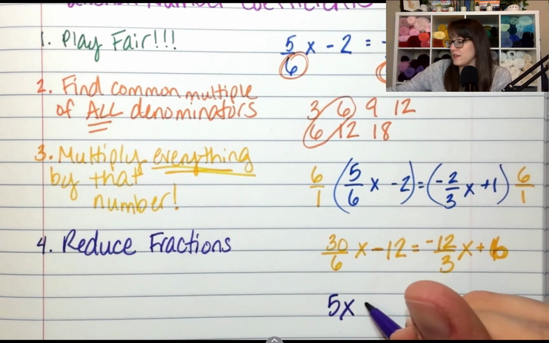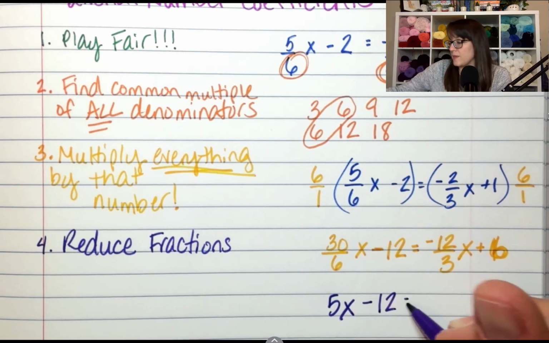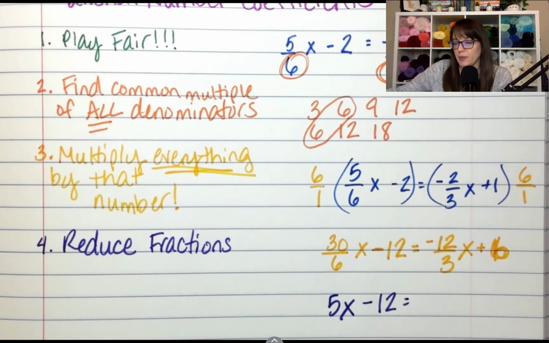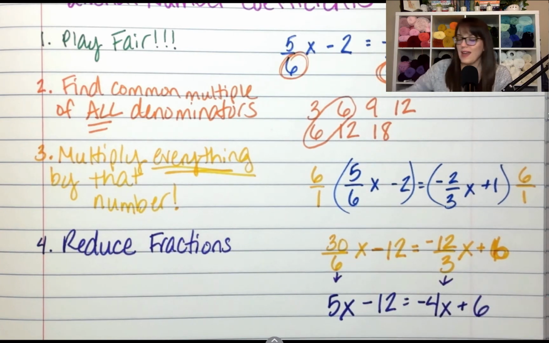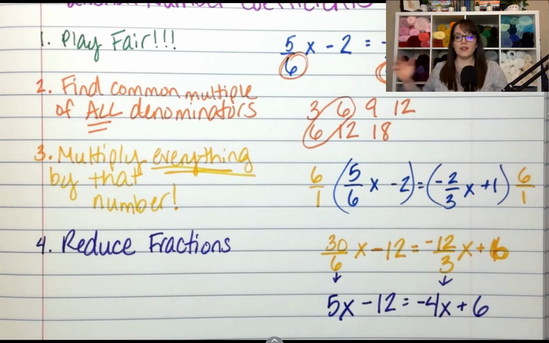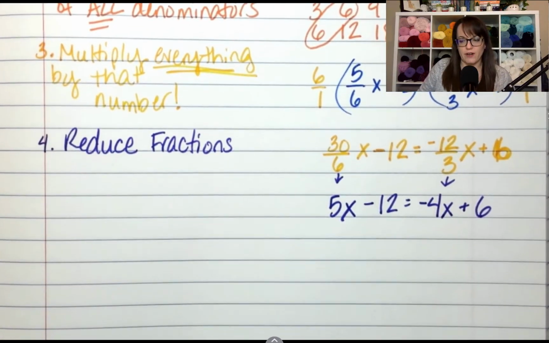Don't forget the x. We already had the 12. That stays the same. What's negative 12 divided by 3? It's negative 4x. And then plus 6. So we reduced these two fractions. And now we have a multi-step equation with variables on both sides, which we've already covered.